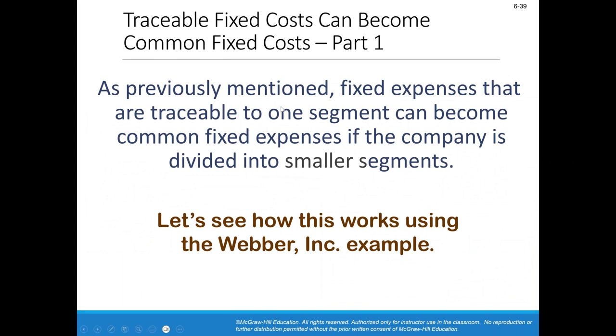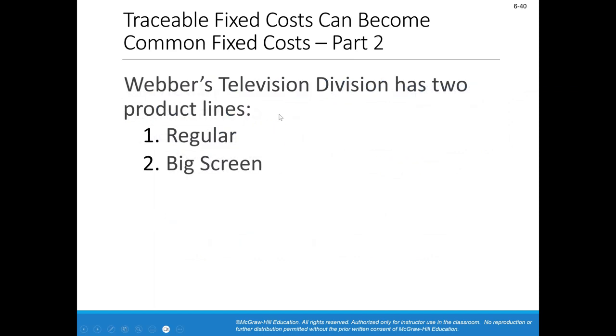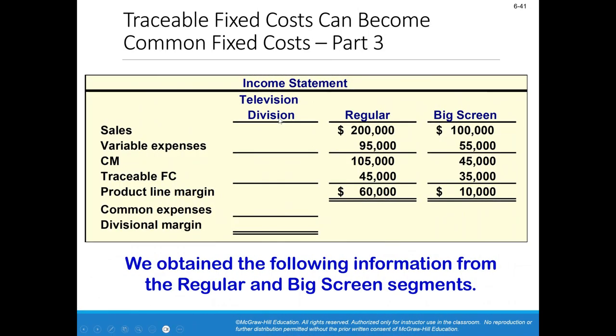Fixed expenses that are traceable to one segment can become common to another. So let's now separate the TV division into regular and big screen. And you can see here that the margin on the regular is 60,000, and the margin on the big screen is 10,000.